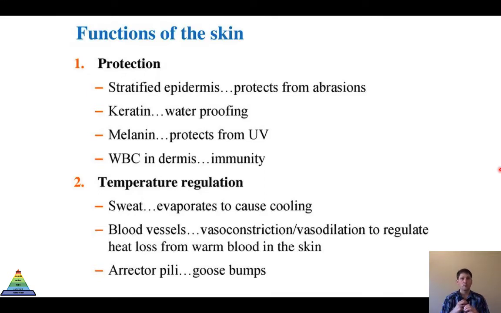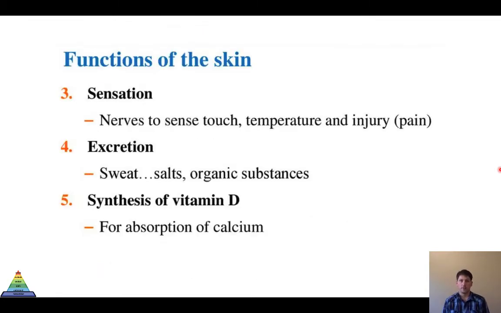Constricting, remember we said last lecture, uses smooth muscle in those arteries and blood vessels. So we can contract that muscle to constrict, and we can relax that smooth muscle to dilate. And that's going to regulate heat loss from our blood and through our skin. And we also have the erector pili muscles, which we'll look at a little bit.